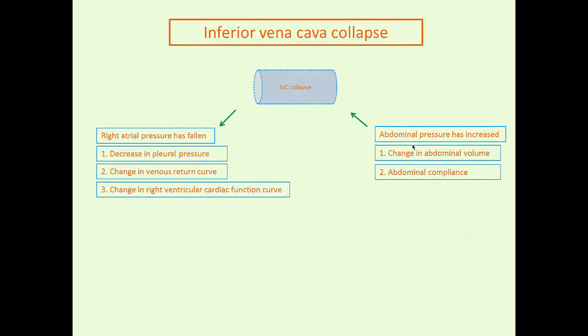And indeed, in healthy volunteers, if you teach them to breathe with their diaphragm versus teach them to breathe with their intercostals, you can have them collapse or not collapse their IVC, and it has absolutely nothing to do with their right atrial pressure, certainly nothing to do with their volume status, and nothing to do with volume responsiveness.